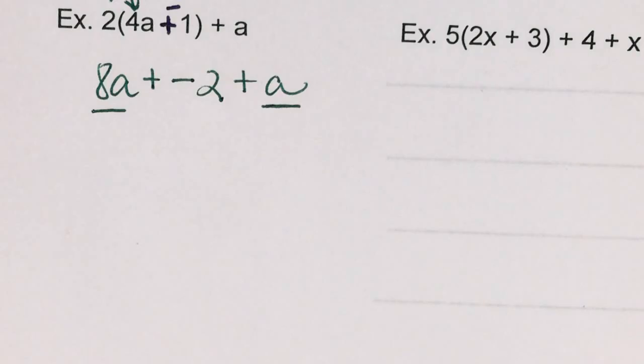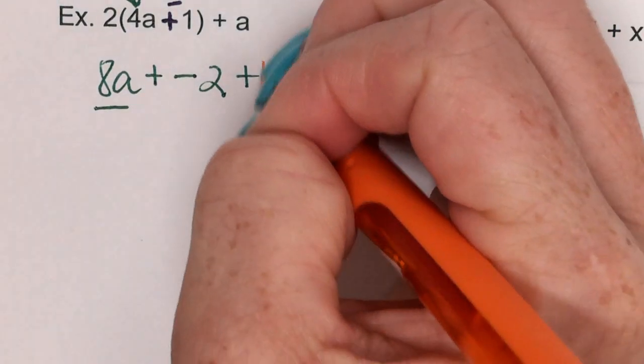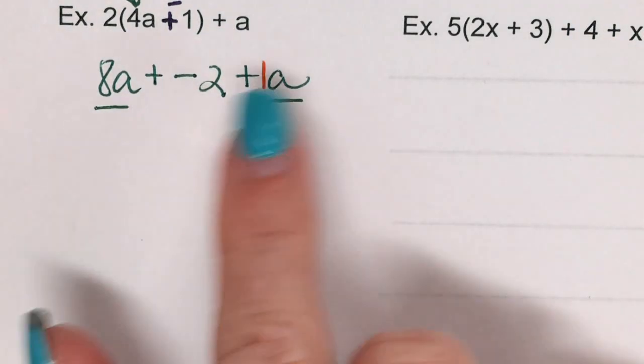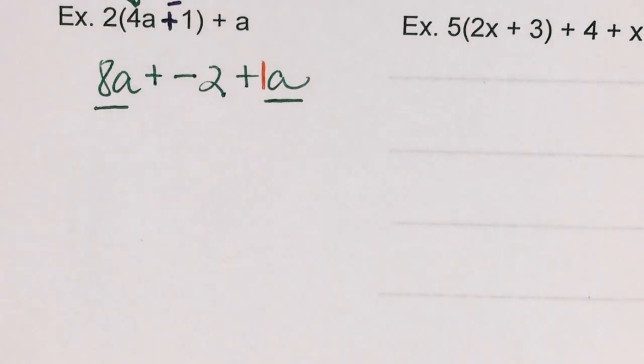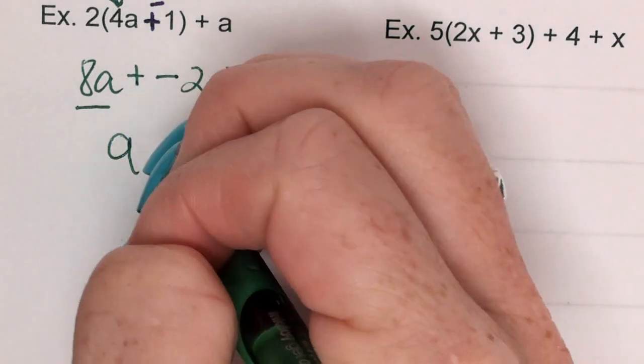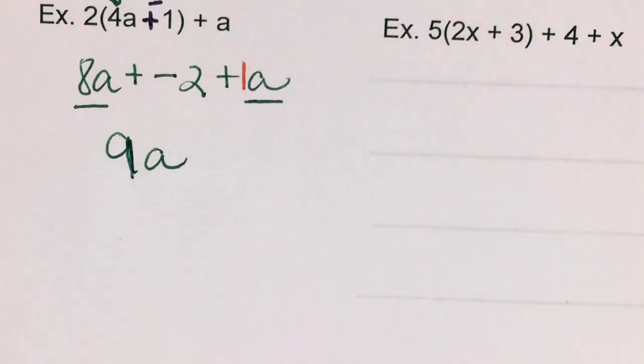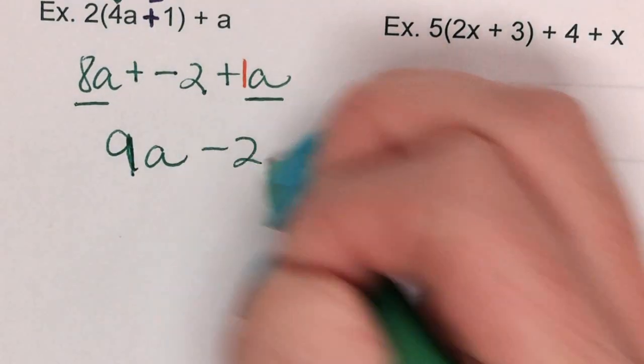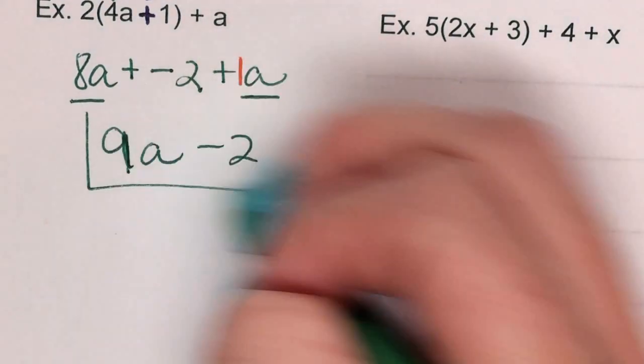What is 8a plus a? No, we're not multiplying a times a. It would be 9a. You're adding 8a, so like 8 cats plus a cat. I have 9 cats. If you ever need to, put that coefficient of 1 and you'll see 8a plus 1a is 9a. So 9a plus negative 2, or I could put minus 2. Same answer.